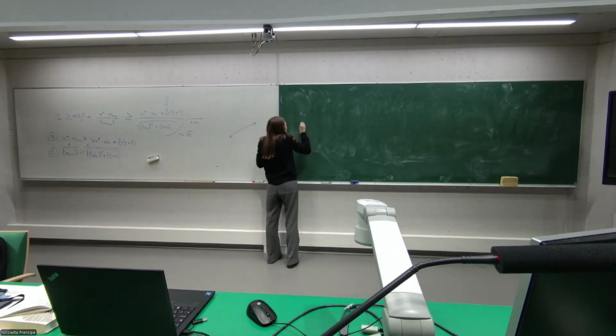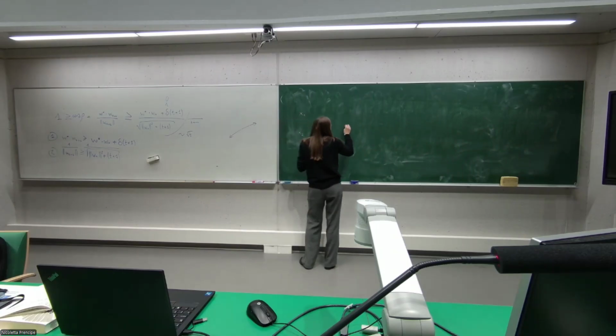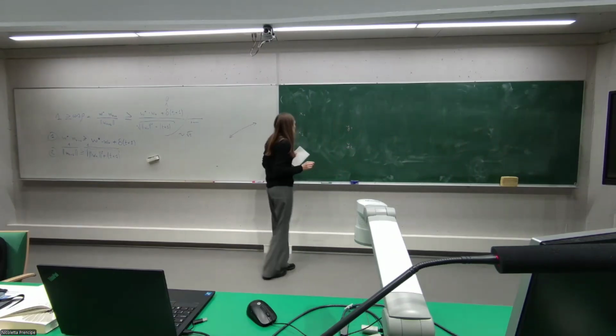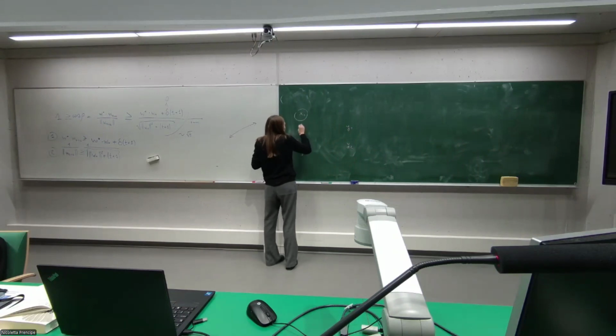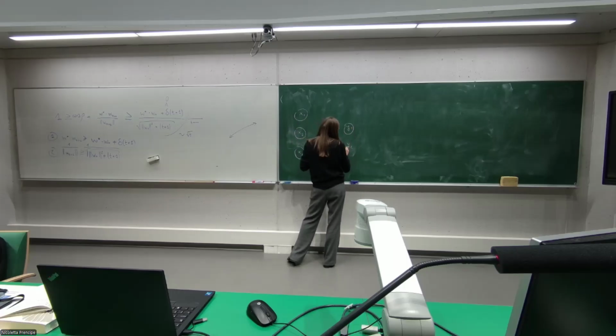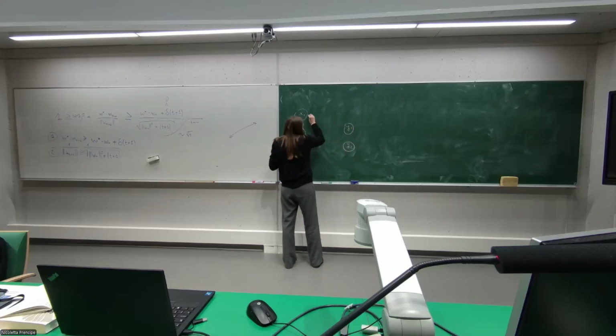This is the first layer, x1, x2, x3. The second layer is y1, y2. And I connect everything with double edges between the layers. This goes from 1 to 1, so I call it W11.